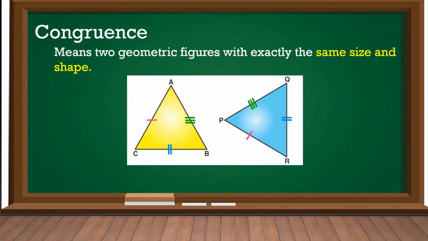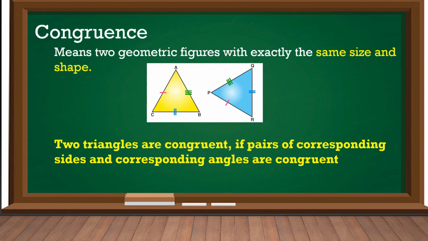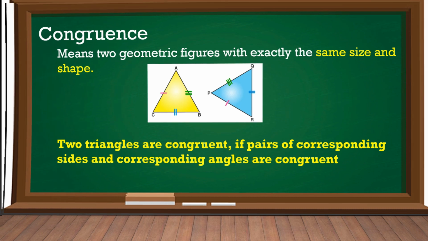For example, in the figure, triangle ABC and triangle PQR are congruent triangles. Two triangles are said to be congruent if pairs of corresponding sides and corresponding angles are congruent.